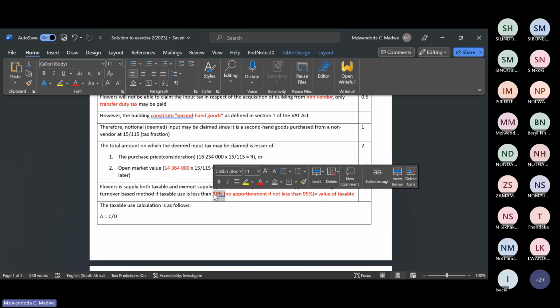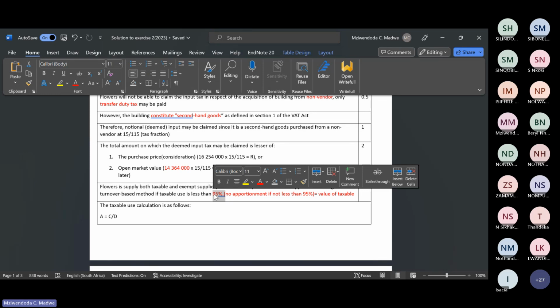In any case where the supplier is supplying both taxable and exempt, you have to calculate a 10 over base method and check whether the taxable supply is above 95% or not. If it is 95% or above, there is no need to apportion. You calculate the VAT as it is. You take it as 100%.